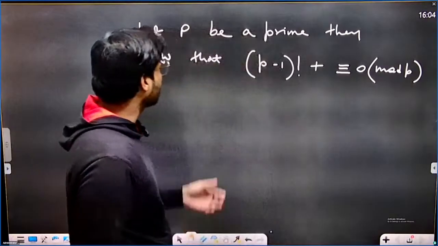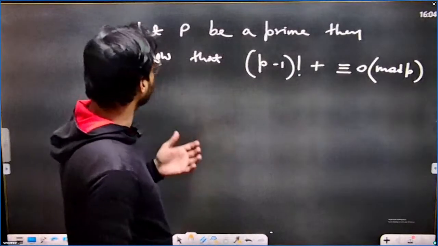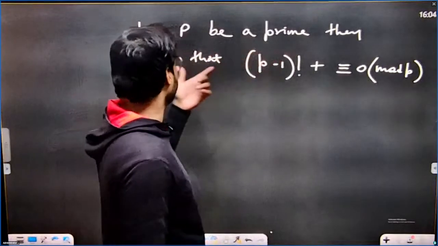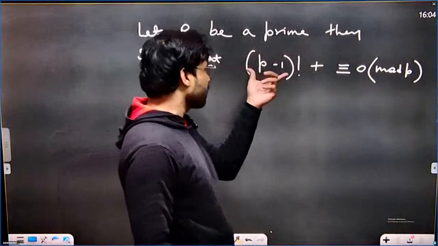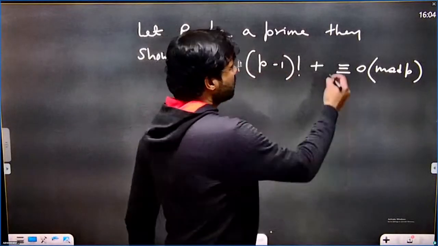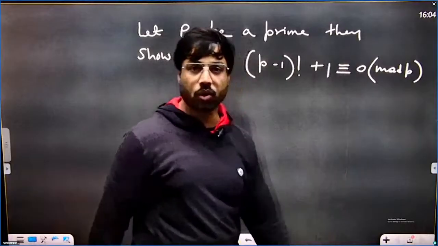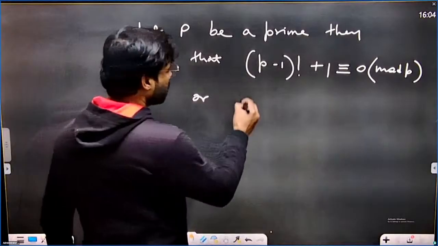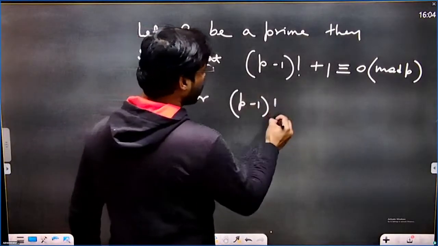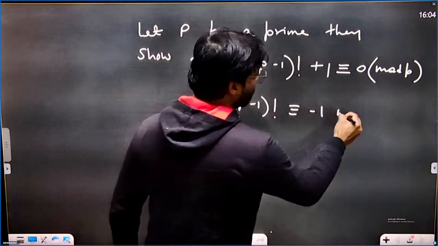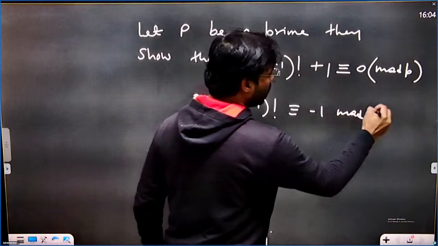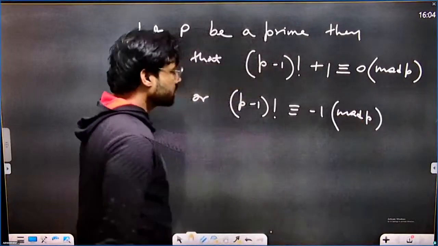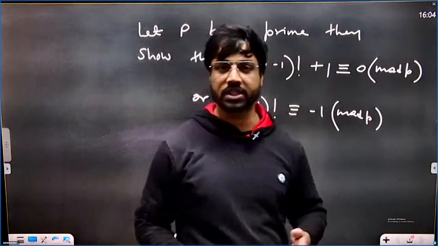It's a part of algebra, modern algebra. So we have to show that, let p be a prime, then (p minus 1) factorial plus 1 is congruent to 0 modulo p, or the same can be written as (p minus 1) factorial congruent to minus 1 modulo p. This is also known as Wilson's theorem.